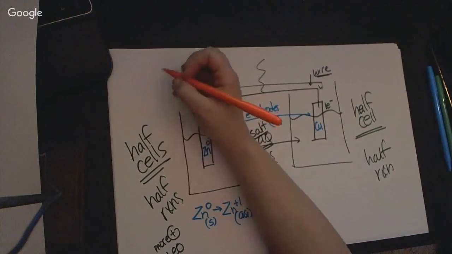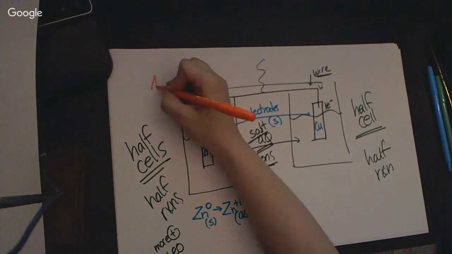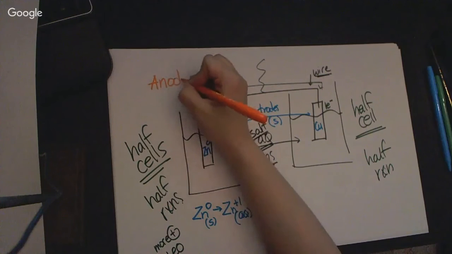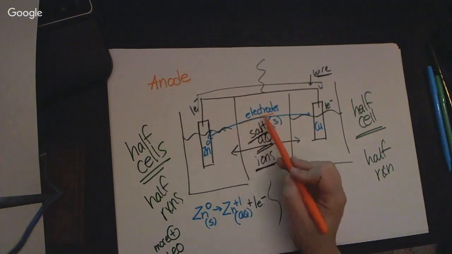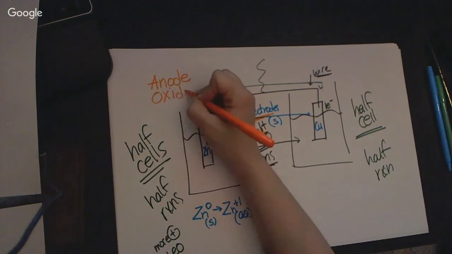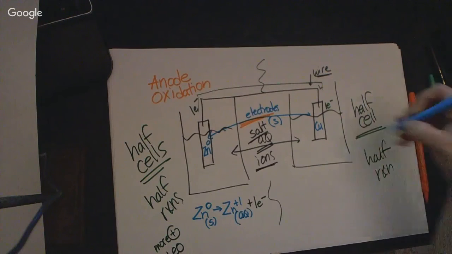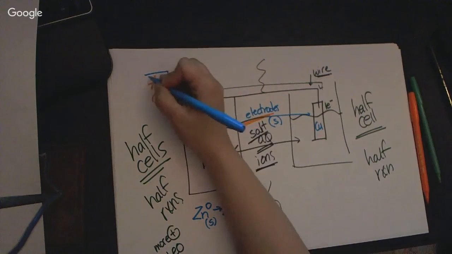In chemistry, this side where losing electrons is happening is called the anode. So the electrode where oxidation is happening is called the anode. And I know every single one of you is blowing up the live stream right now.